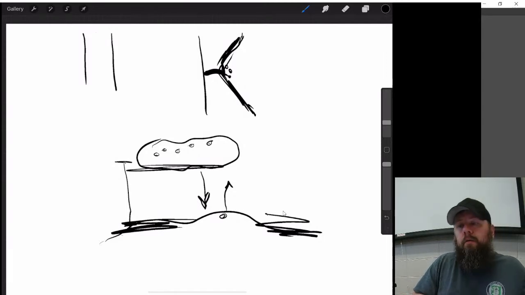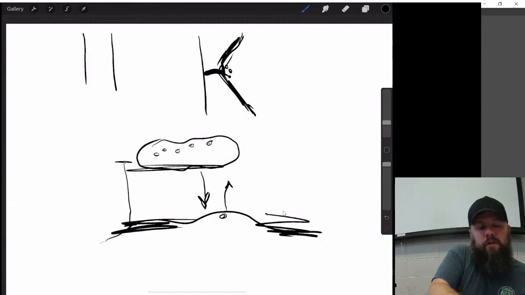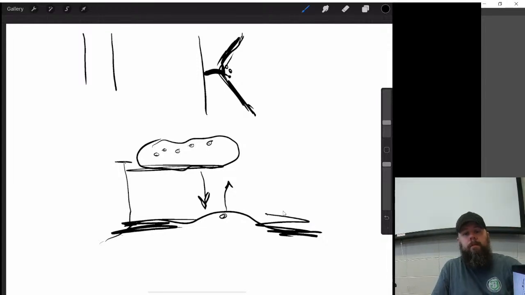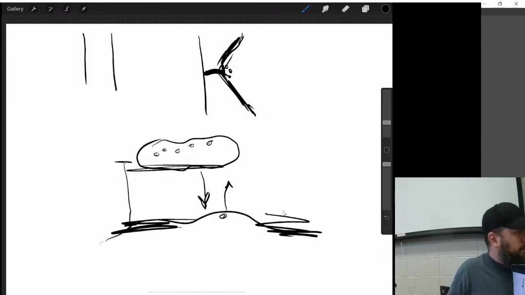All right, so we're going to play with what's called a Wimshurst machine, okay? It generates electricity. Generation is not creating electricity, okay?